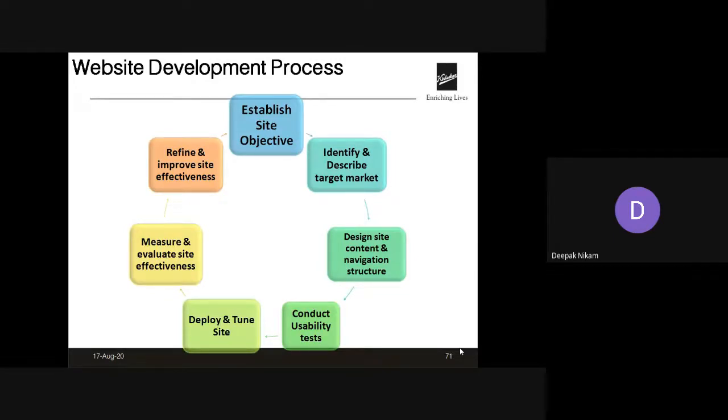Then comes your target markets, target audiences. How are you going to reach them? What are the things that they are looking for? That's the identification and description of the target markets. So when you are talking to all of these people at the end user group, you need to understand that this is where your target market is.